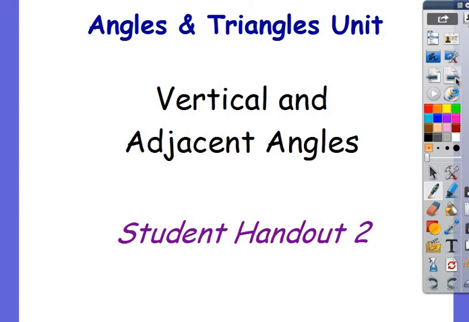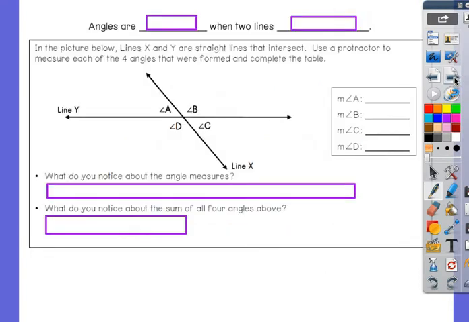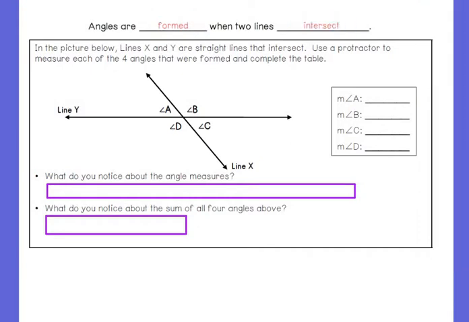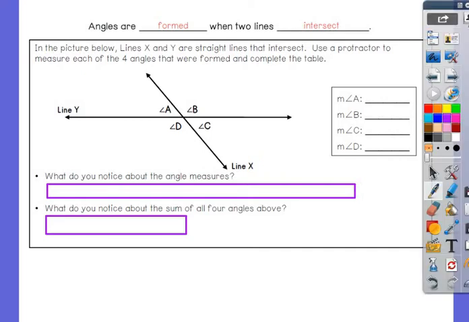Before we do that, we're going to practice a few things. Angles are formed when 2 lines intersect. Okay, we're going to practice using our protractor.